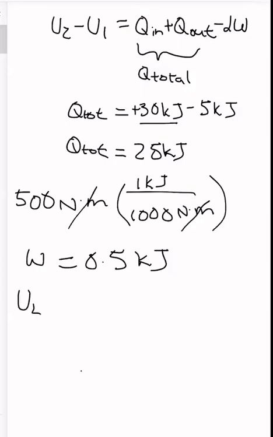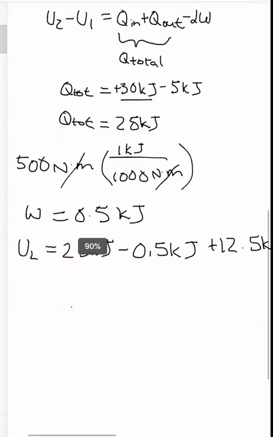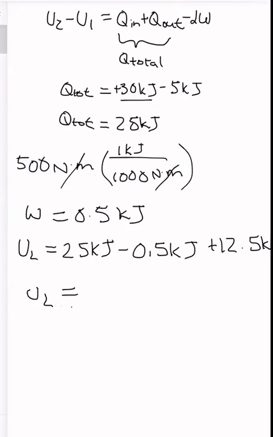So U2 equals 25 kilojoules minus half a kilojoule for work, plus 12.5 kilojoules, that's our initial internal energy. So we can finally say that the final internal energy is 37 kilojoules.